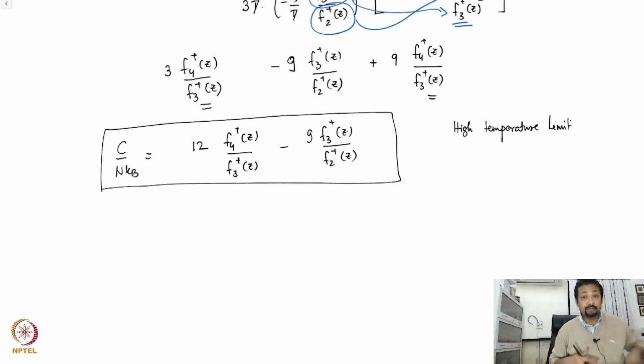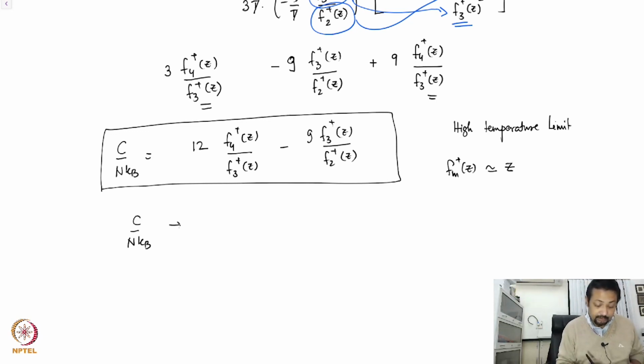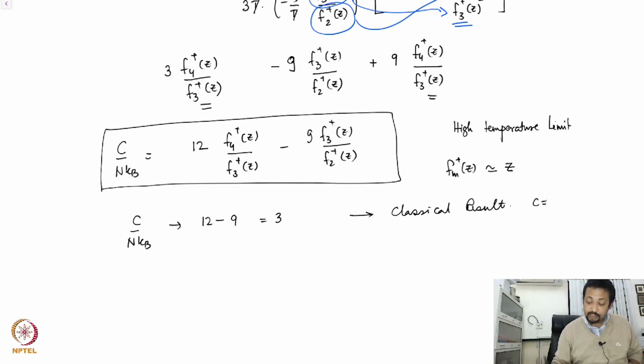In the high temperature limit, z is very small, and I know that all of this Fm+(z) is approximately z, so that the specific heat C over NkB reaches 12 minus 9, which is equal to 3, and this is the classical result, which is C equal to 3 NkB.